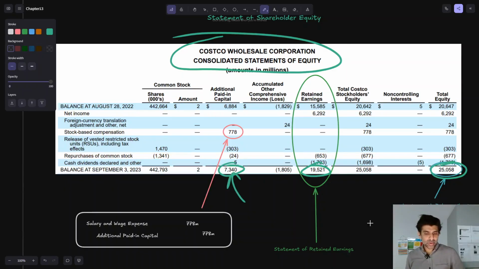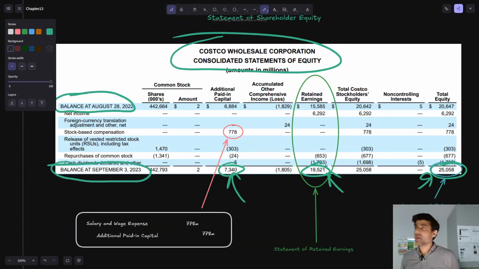These totals will be on the balance sheet, but now you can see how they've changed over time. You can see this is the balance as of the last year, and then this is the current balance. And so you can see the change in each of these account balances, and that's why this statement is useful.